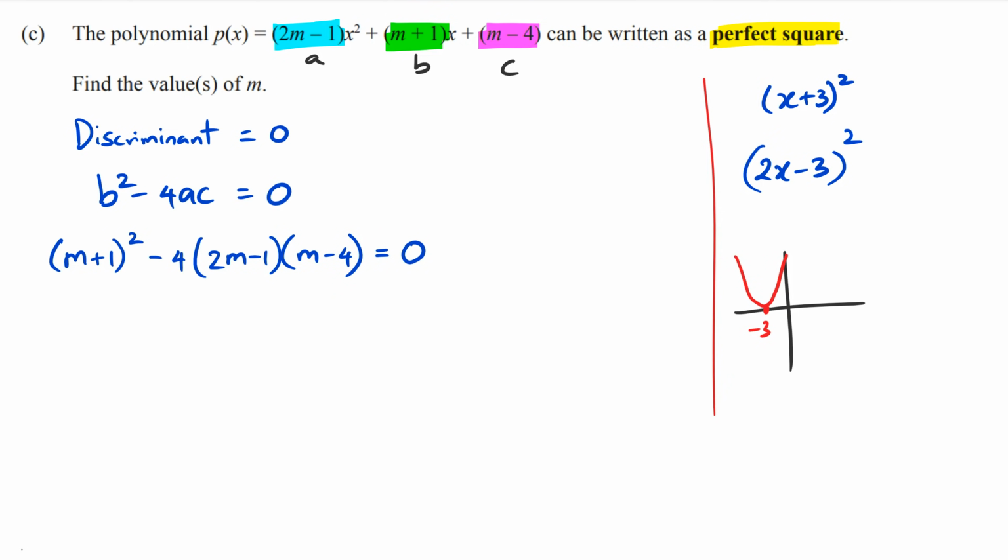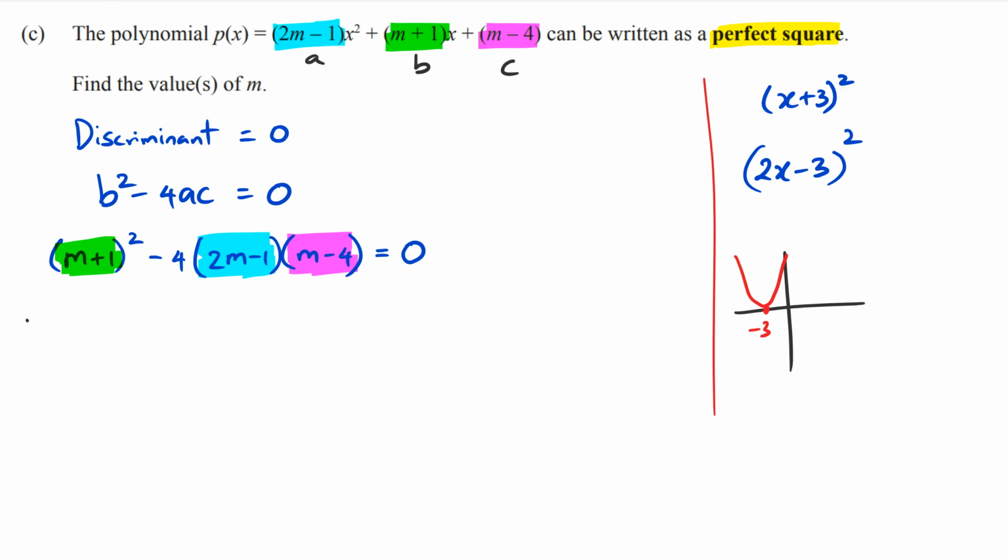Just recapping, guys: b is m plus 1, which is the green part highlighted there. The a is the blue part, and of course the c is m minus 4. Now we have an equation that we just need to expand and simplify and set equal to 0.